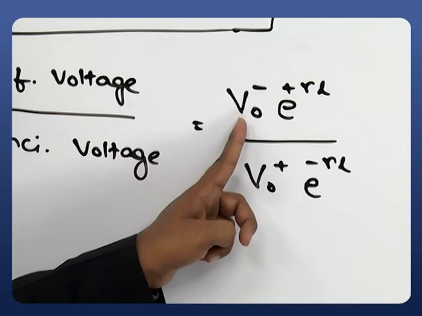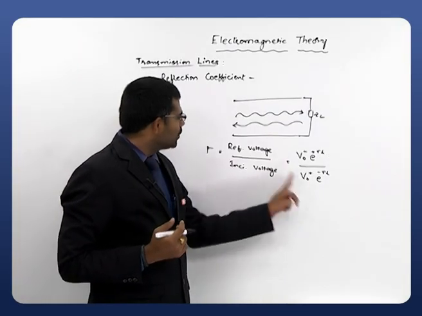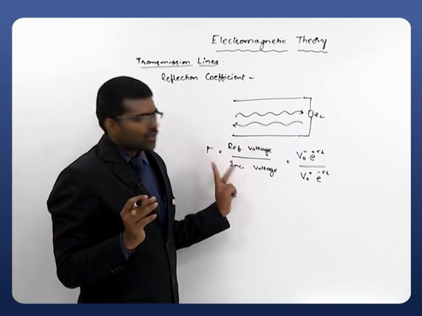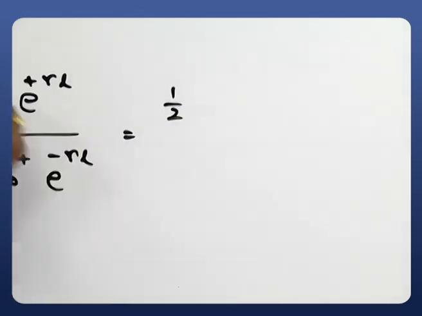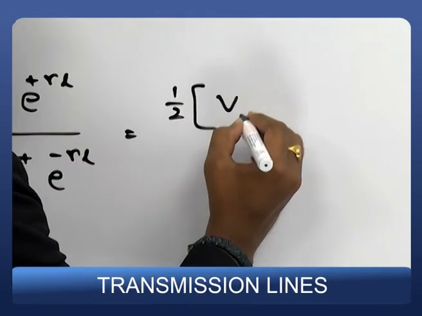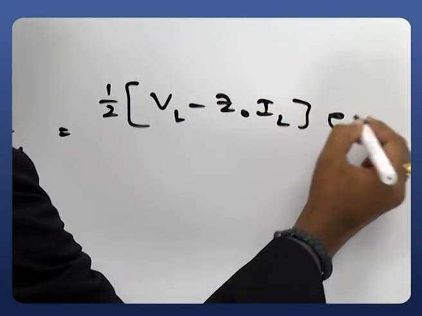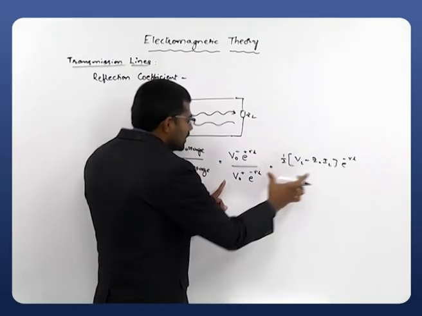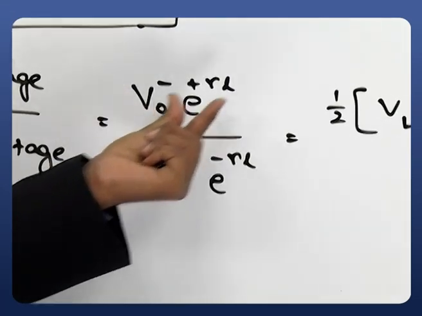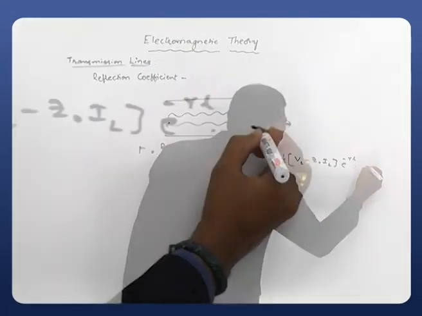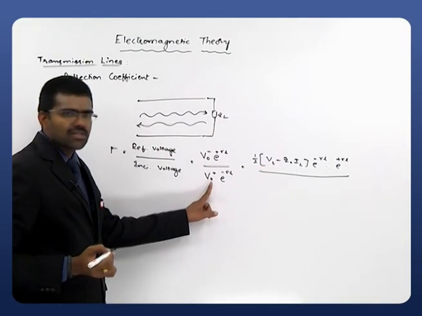So now what you are supposed to do is substitute this V0 minus and V0 plus. If you substitute these two, then this gamma will be simplified. So what is V0 minus? Recollect from your previous steps, you will get V0 minus as 1 by 2 (VL minus Z0 IL) e power minus gamma L. This entire thing was replaced instead of our V0 minus, taken from our previous step, and multiplied with e power plus gamma L, divided by, in the denominator, V0 plus.